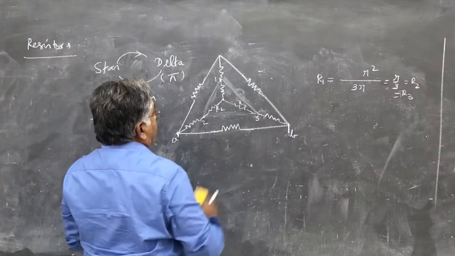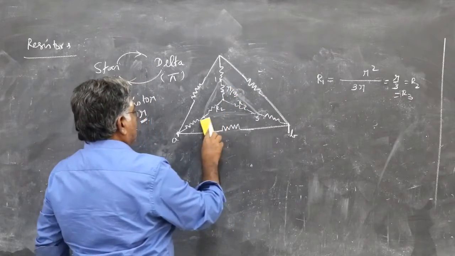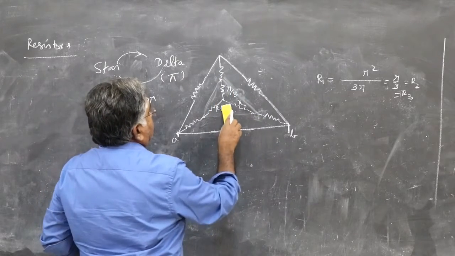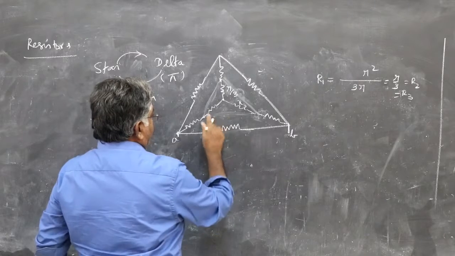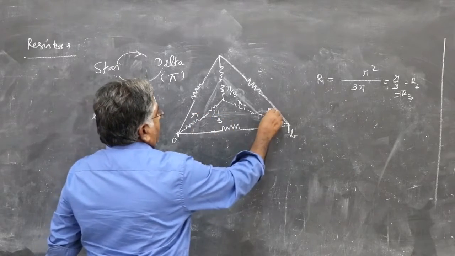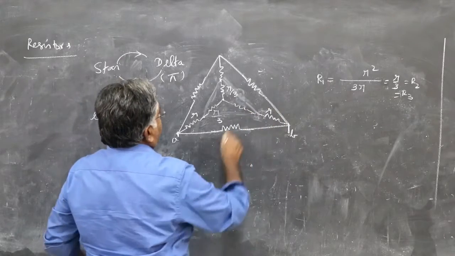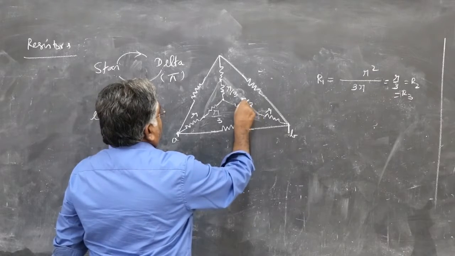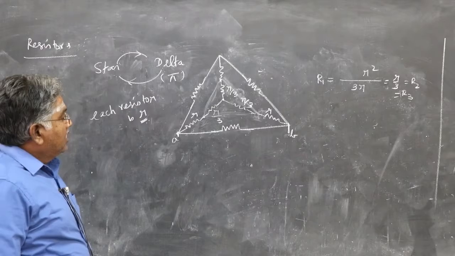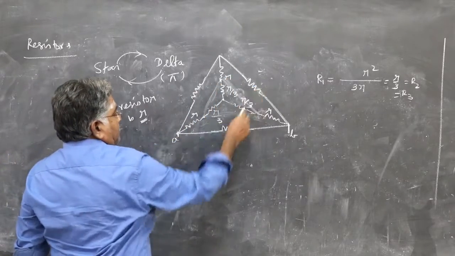So this is R by 3, this is also R by 3, this is R by 3. This is R, this is R, and here also R, here also R, here also R.